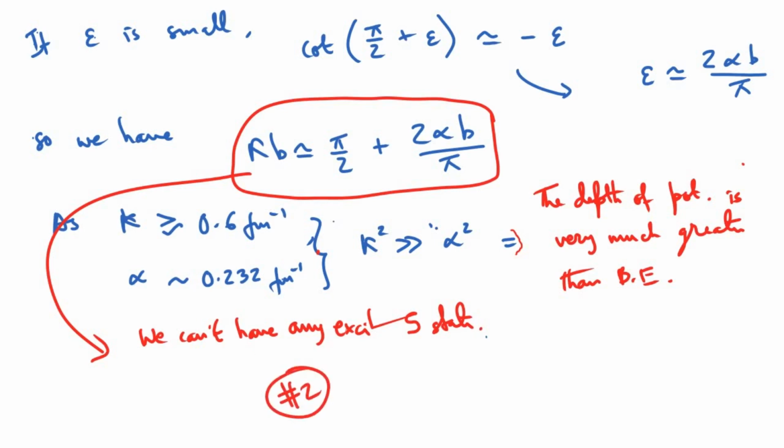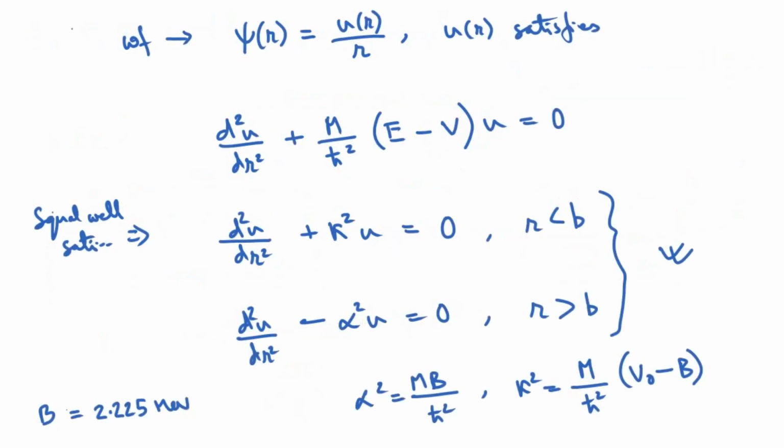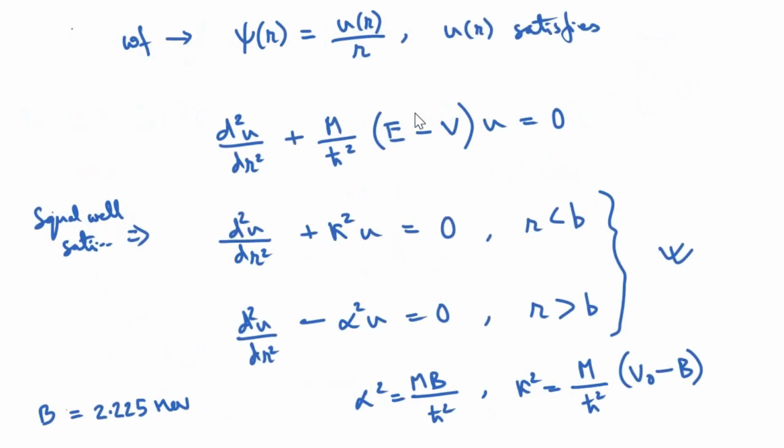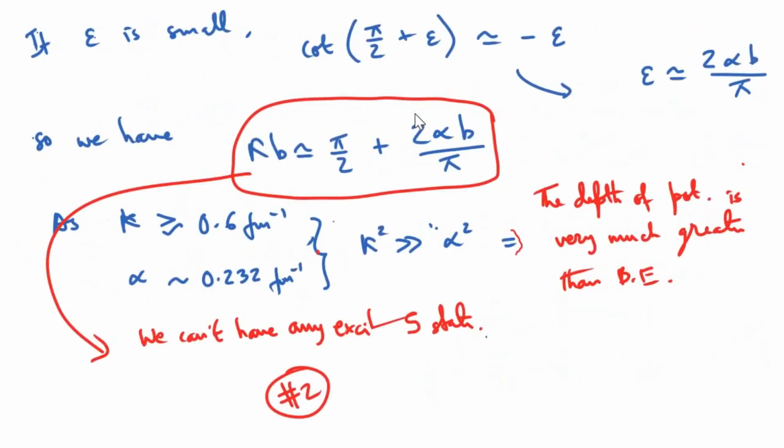And number 1 was your Deuteron problem. So I will be talking about 3 important quantum mechanical descriptions and derivations for Deuteron.